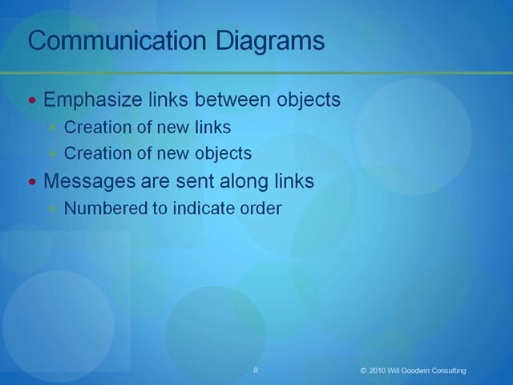Since there's kind of a free-form layout for message placement on a communication diagram, we have to resort to a numbering system. And because when one message is sent, it may send a message to another object, there's a dotted notation employed to represent that hierarchical structure of our message sending.